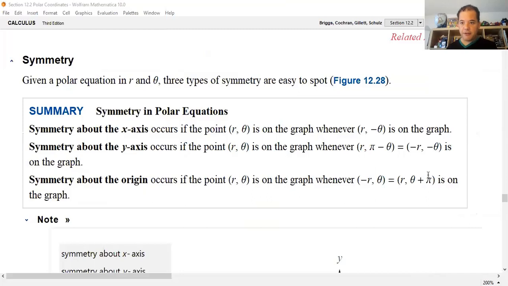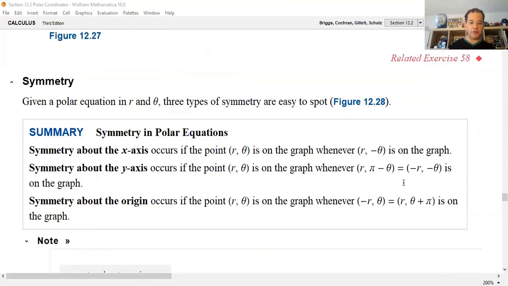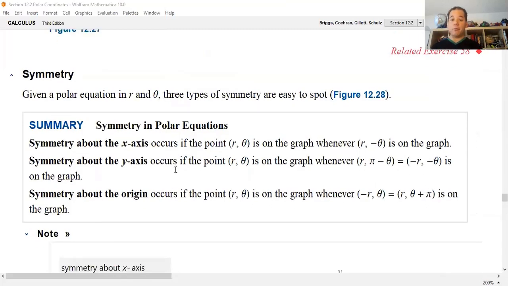Since I have this electronic version of a book right here, I'll tell you about symmetry, right? We can tell some symmetries by the way a graph is. If you have a graph where every time that you have (r, theta), (r, negative theta) is also on the graph, think about that.